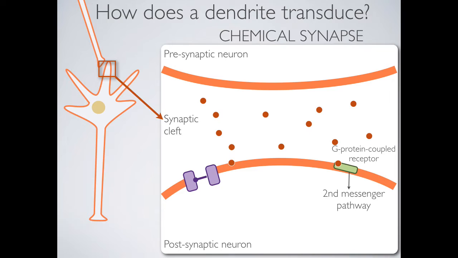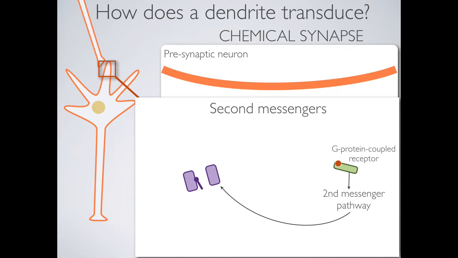So, for example, they can do things like initiate transcription, they can activate enzymes inside of the cell, they can cause a variety of intracellular changes that are then reflected in the membrane potential. So if a second messenger pathway, for example, influences the open or closed state of a channel, then they can influence the membrane potential. So we'll say that in general, these second messenger systems are pathways that transmit information within the cell.